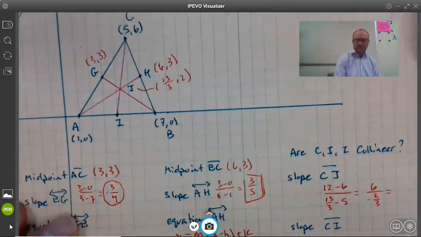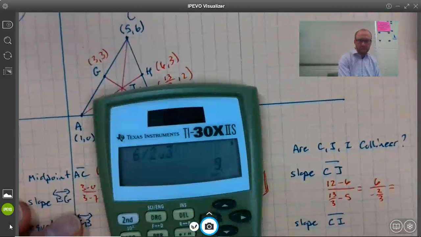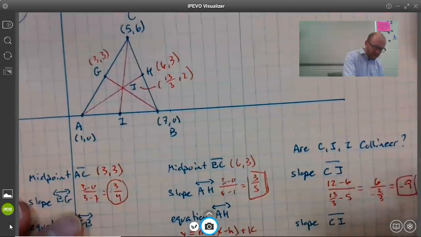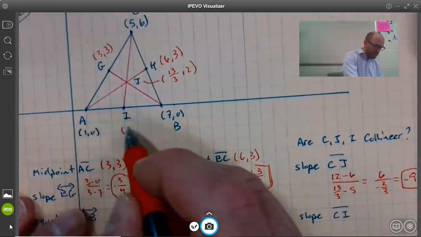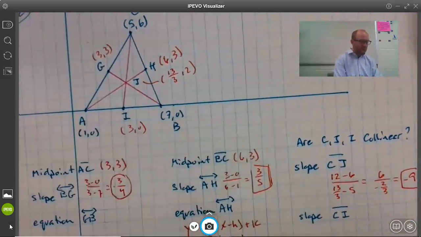And actually, let's simplify that. 6 divided by 2/3 is 9, but it's going to be negative 9. Okay. And then I is the point 1, 2, 3, 0, and that's just the midpoint of AB.